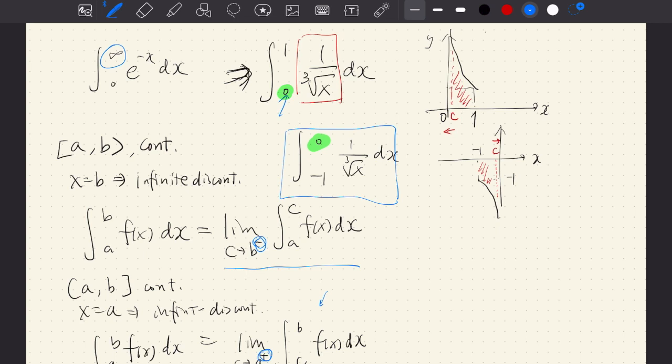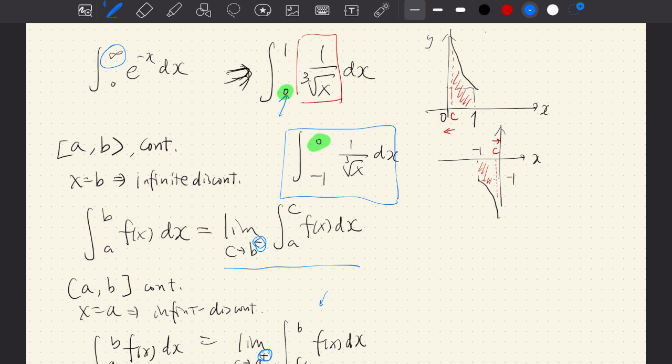Okay, although this definition seems a little bit complicated, in practice, when the infinite discontinuity only occurs at the limits of integration, then basically you can just evaluate the integral as usual, and just remember that when you're plugging the values into the antiderivative, you have to take the limit.